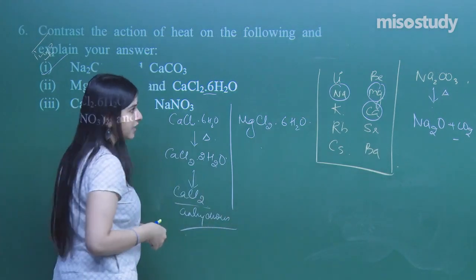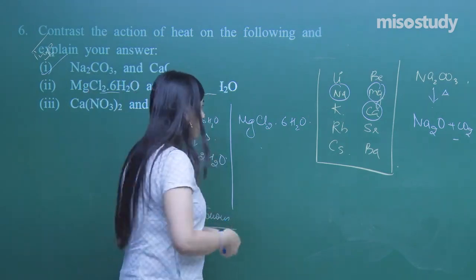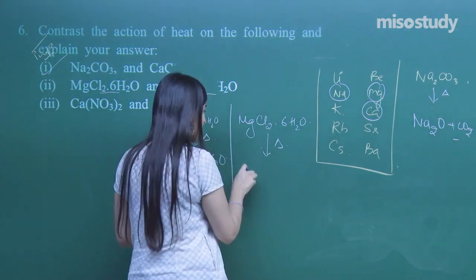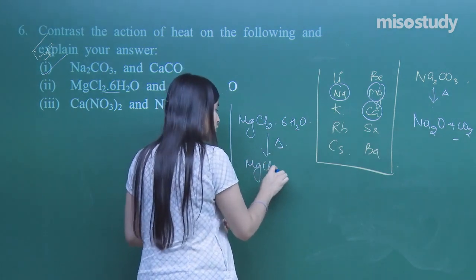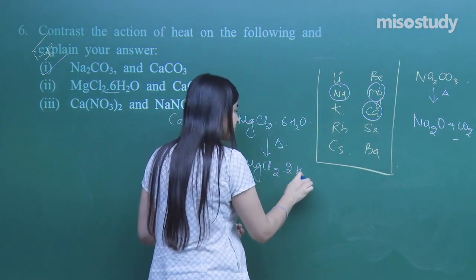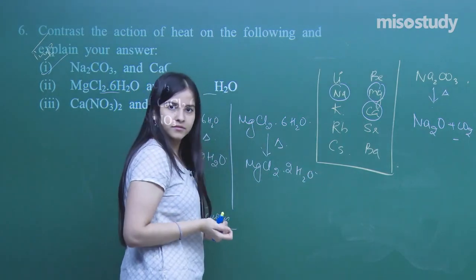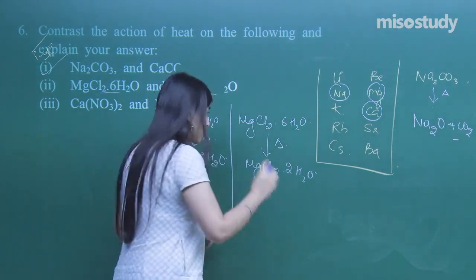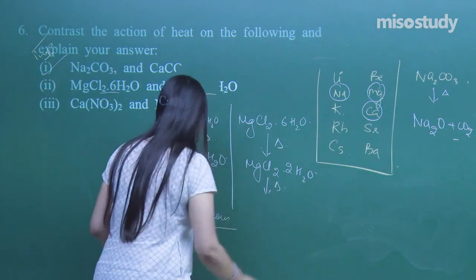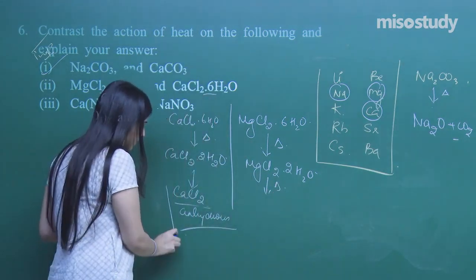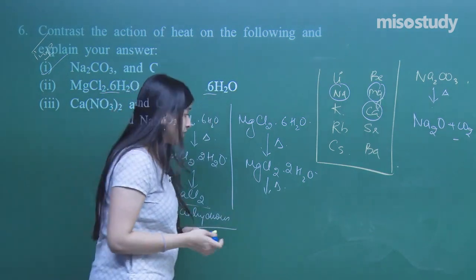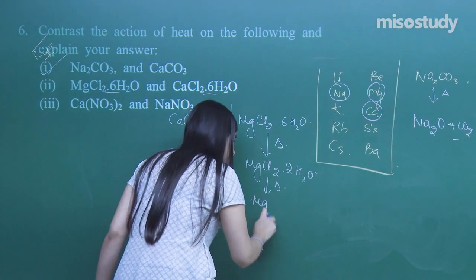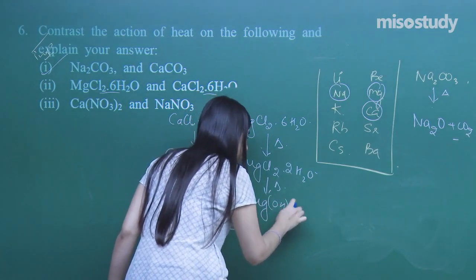Whereas in this case, again due to the smaller size of magnesium, it faces a little difficulty in first of all losing 4 water molecules, but it does form this dihydrate. It does form dihydrate, but on further heating, it does not just go into the anhydrous state straight away, but what it forms is MgOHCl, right?